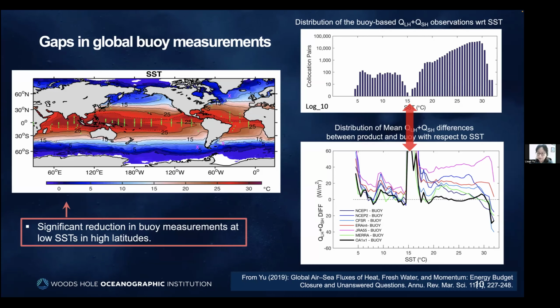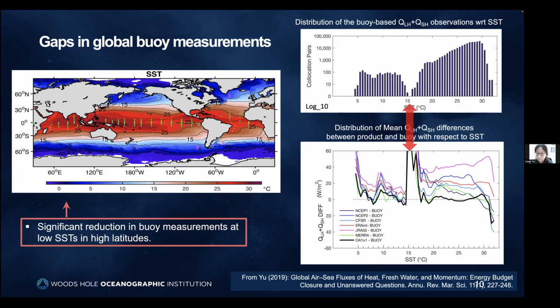And this will show the gaps in current buoy measurements. The SST panel on the left aligns those buoys over the SST mean contour. And you can see the buoys in colors, such as OAI buoys in recent years. And the buoys in dark green mostly come from the global tropical buoy observations in the tropical region.